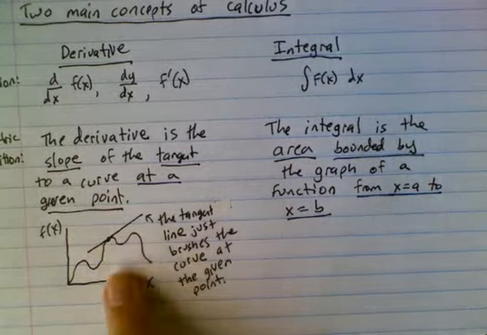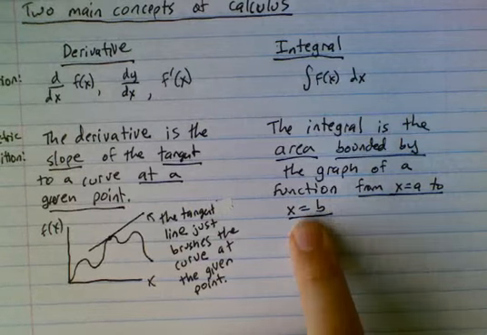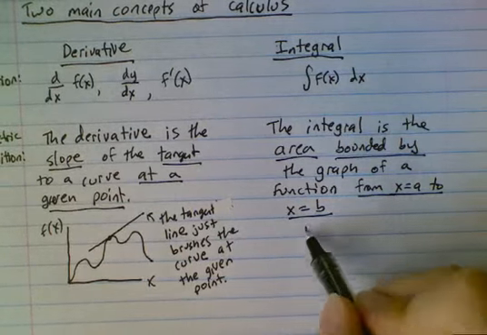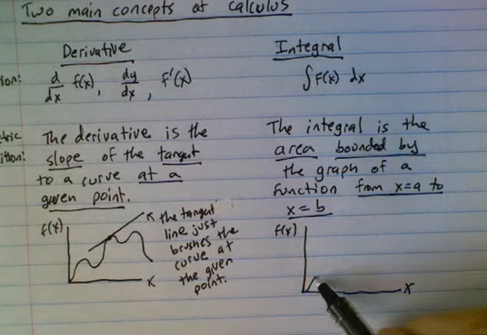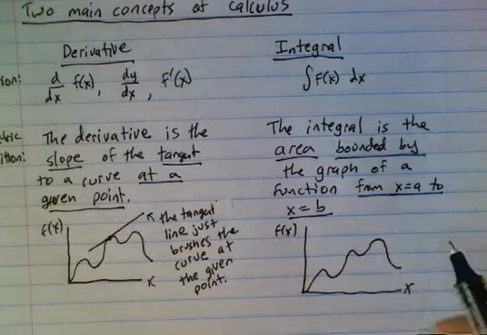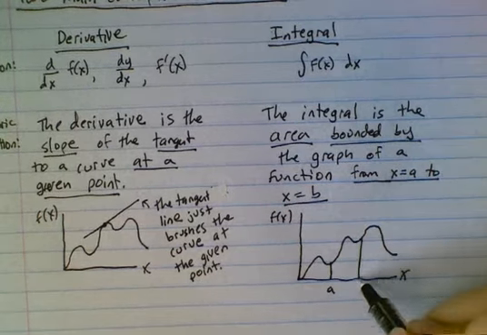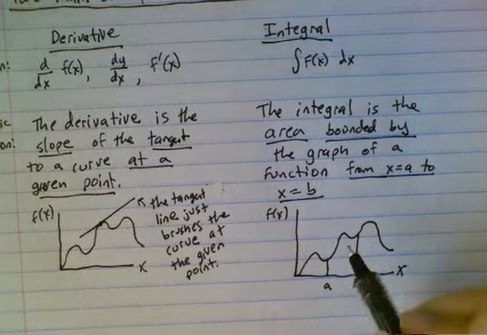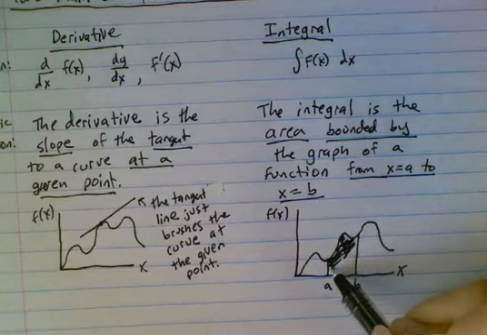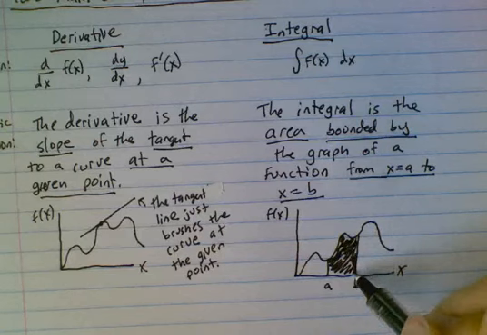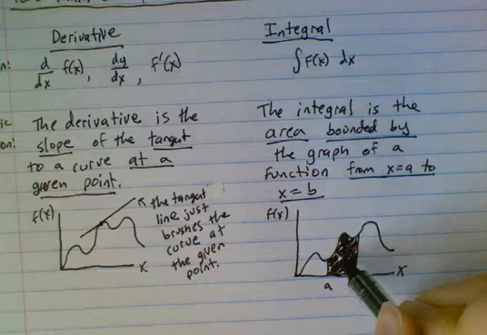Notice that the derivative is taking place at a point, whereas the integral is from one value of x to another. So, sketch that, x, f of x. We've got our little funky curvy shape. The area under the curve from a to b, whatever values of x a and b are, the area under the curve, or the area bounded by the curve, these two lines, and the x-axis.